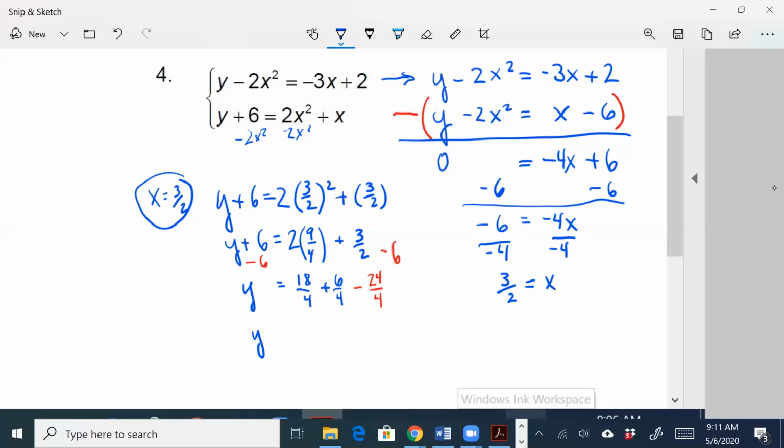So y equals 18/4 plus 6/4 is 24/4 minus 24/4. So y equals 0.